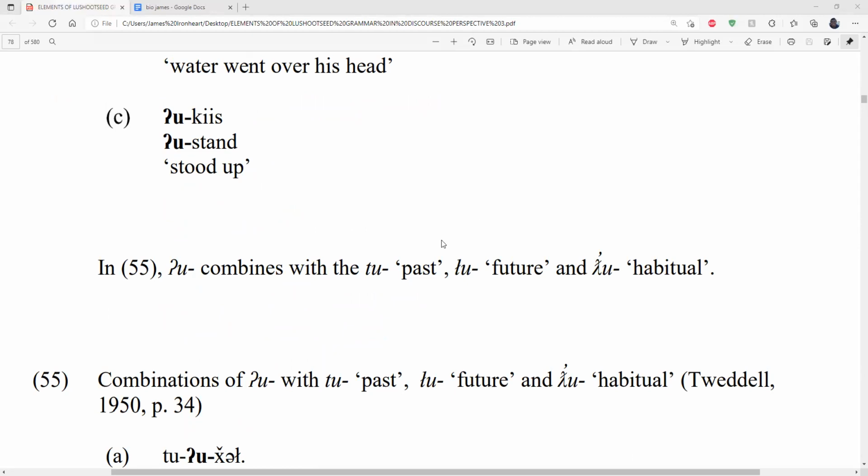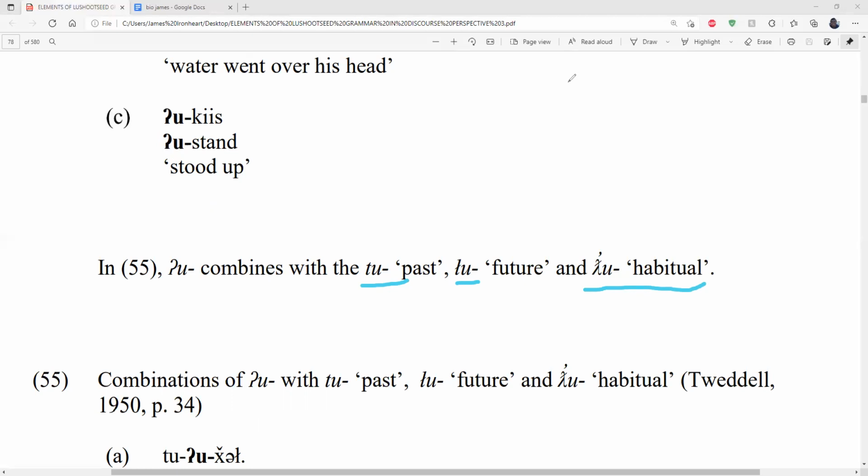O combines with tu, lu, and clue, right? And the clue is the habitual, right? Clue is future, tu is past, and O is now, not a tense marker. This was how it was taught before, that it was a tense marker.